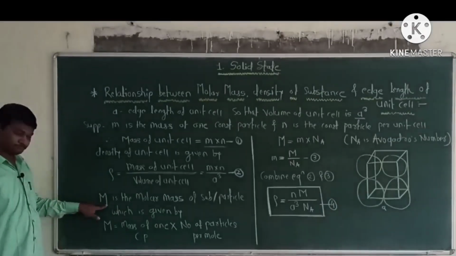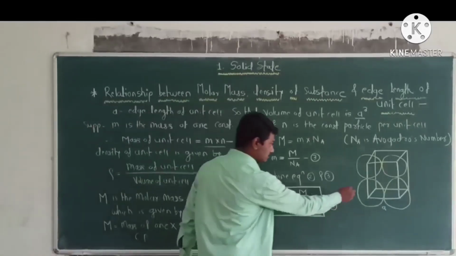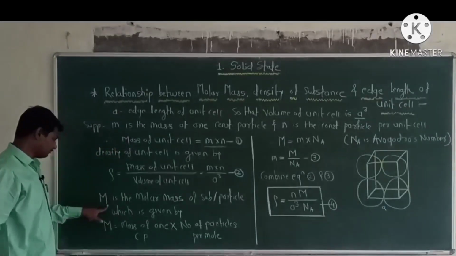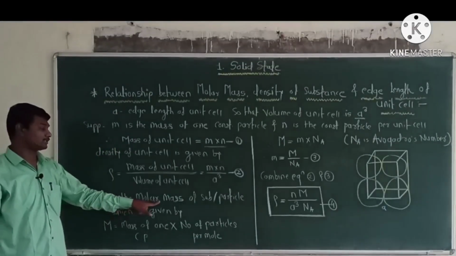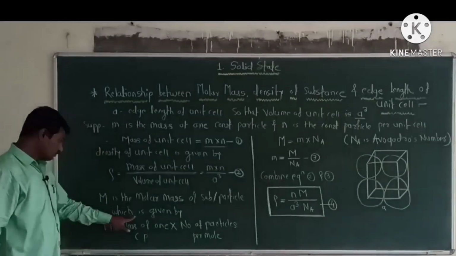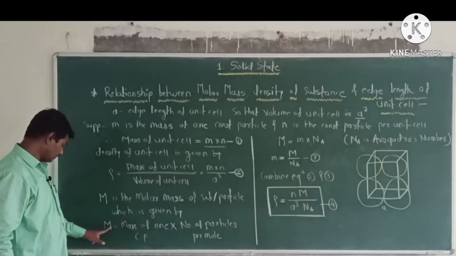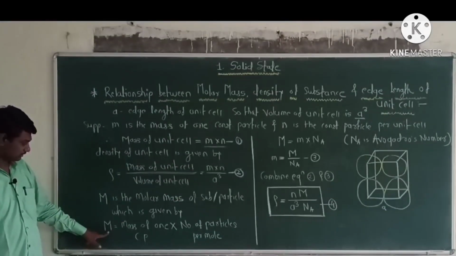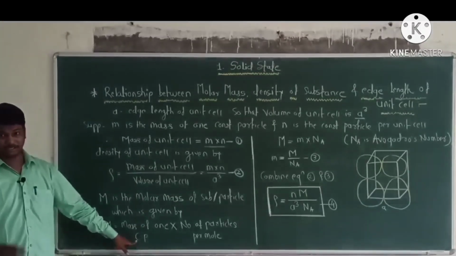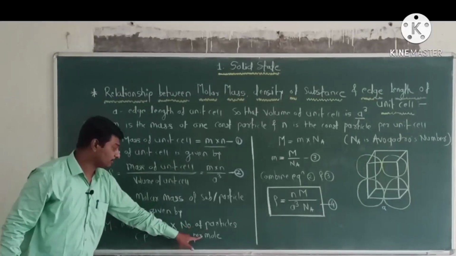Now capital M is the molar mass of a substance or particle. The molar mass of a substance is given by the equation: molar mass, that is capital M, is equal to mass of one constituent particle into number of particles per mole.